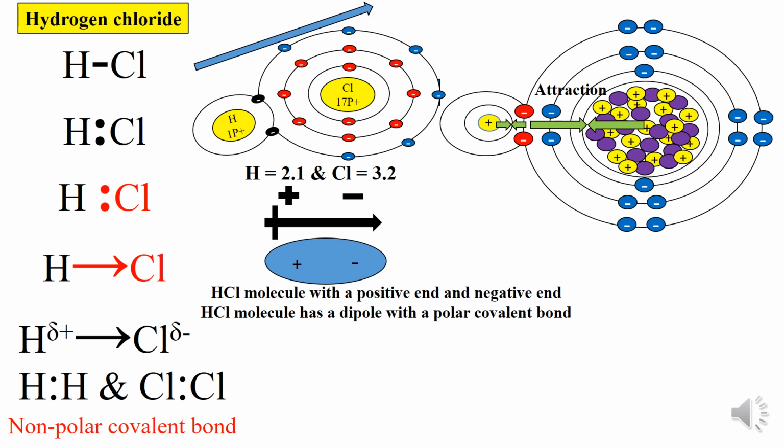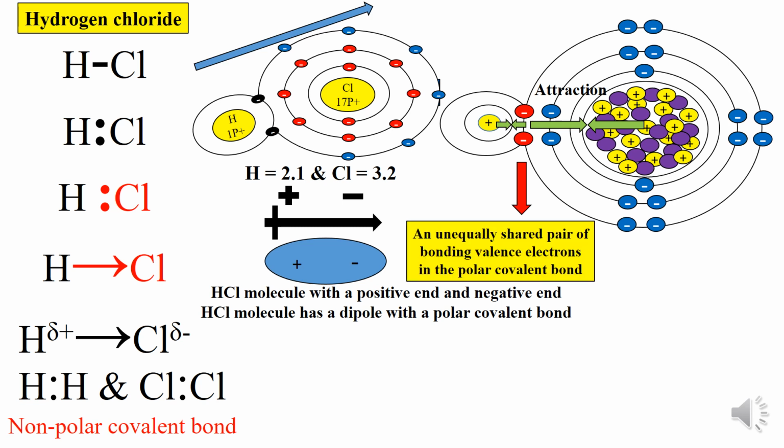So the attraction of the 17 positively charged protons towards the shared pair of bonding valence electrons is greater than the attraction of the single proton of hydrogen towards the shared pair of electrons. And this leads to an unequally shared pair of bonding valence electrons, leading to a polar covalent bond.